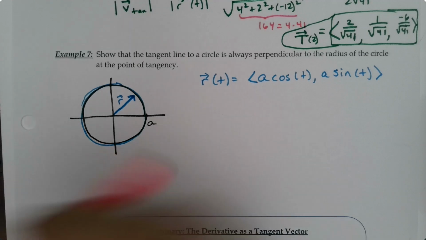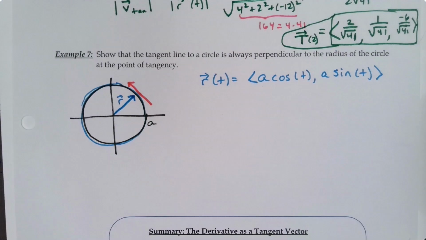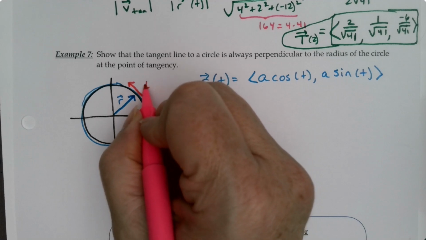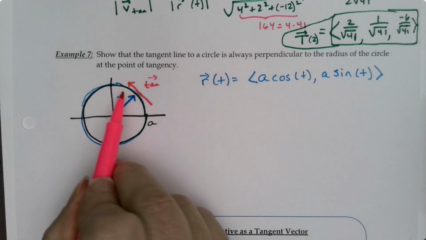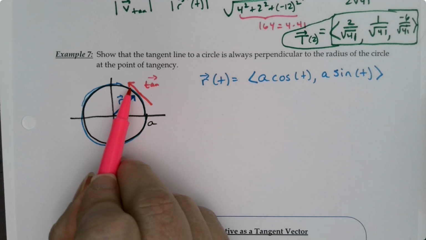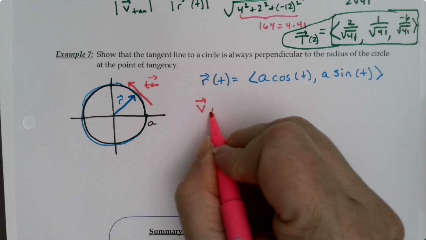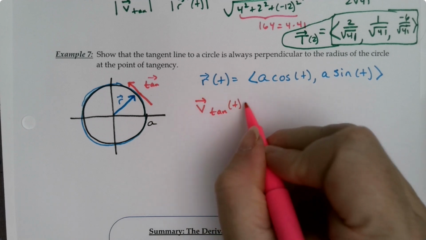Now what about a tangent? The tangent vector has a direction. So let's look at the direction of the tangent at any t value.